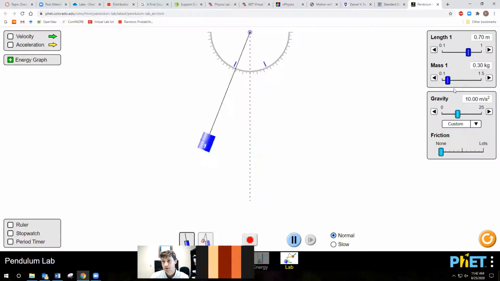But I do prompt you with numbers. I'll demonstrate with different numbers, so that way, you'll still have reason to repeat what I do, just with different numbers. So I'll just use a length of 0.7 meters, a mass of 1 kilogram, and gravity 9.81, the nominal gravity.